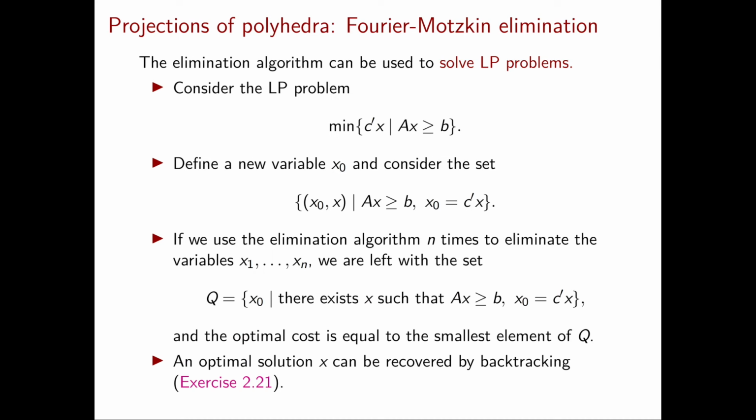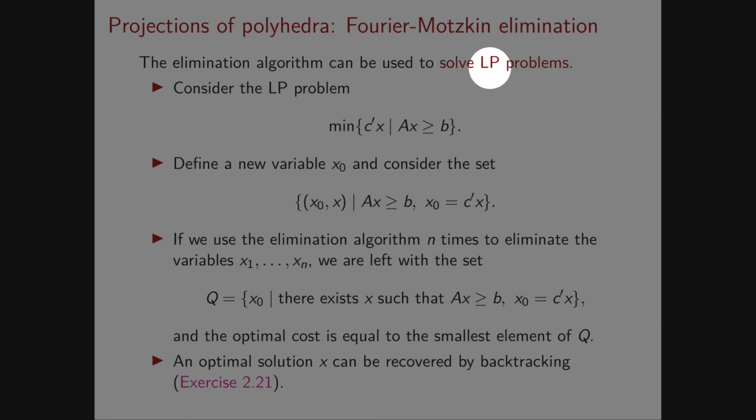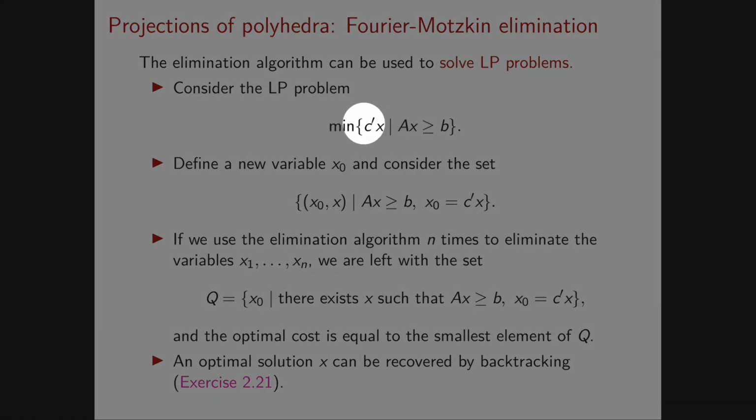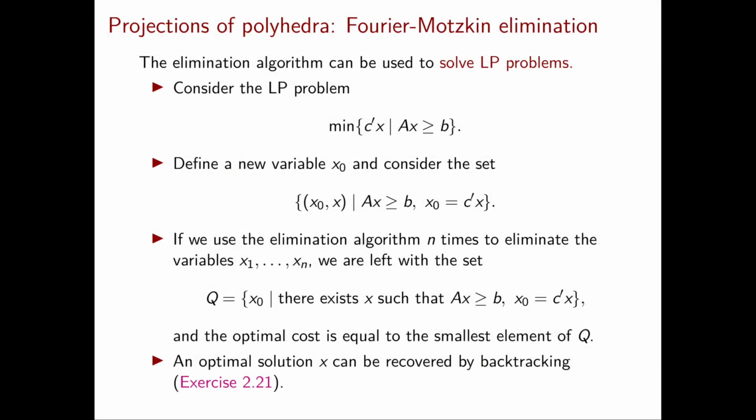So far, we have seen how the elimination algorithm can be used to understand if a polyhedron is empty or not. But now I also want to show you how it can be used to solve linear programming problems. So we consider a linear programming problem: minimize c transpose x, subject to Ax greater than or equal to b. This is a general linear programming problem.